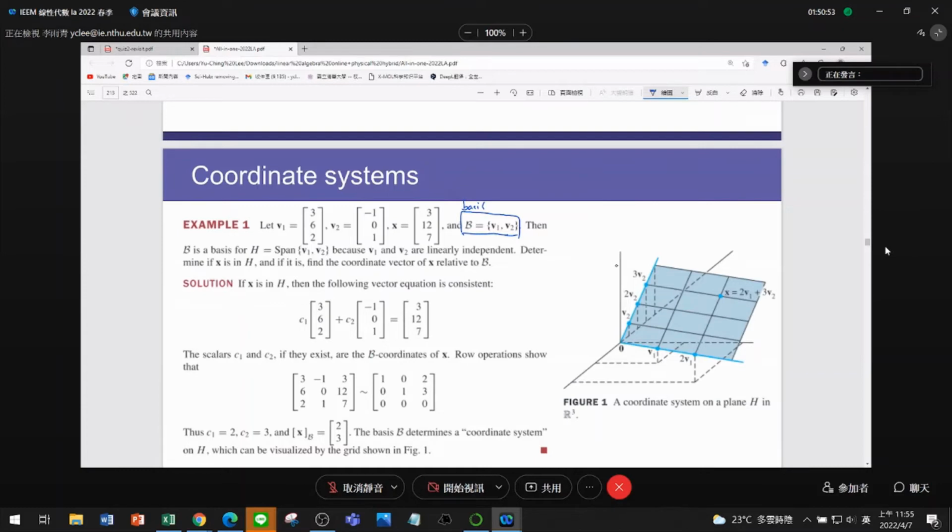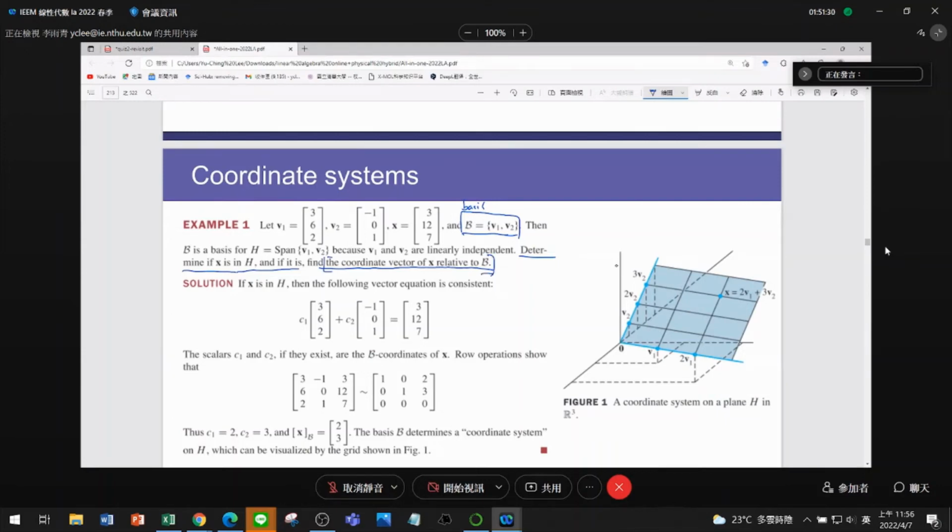Because it is not the standard basis, v1 is 3, 6, 2 and v2 is -1, 0, 1. Determine if x is in the subspace, and if it is in the subspace, find the coordinate vector of x relative to B. And this is again just the terminology that we have just seen.